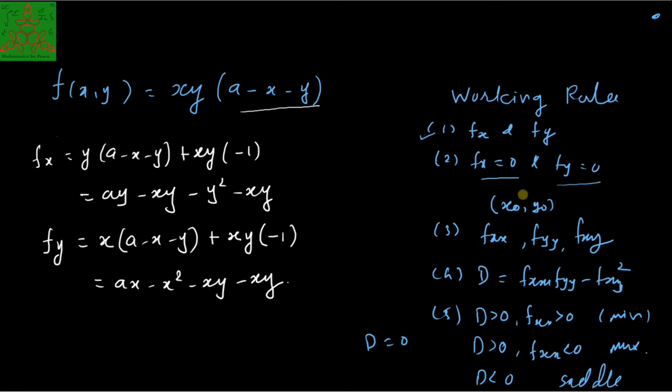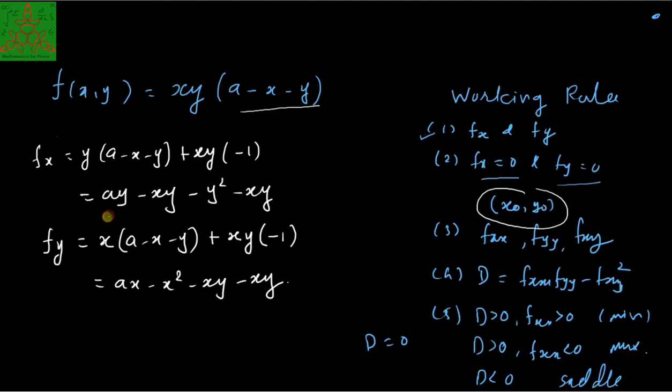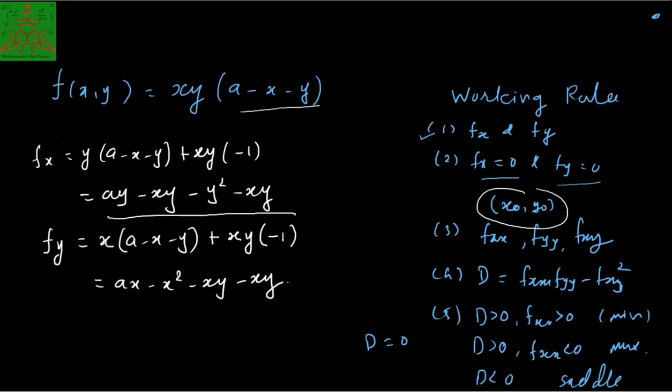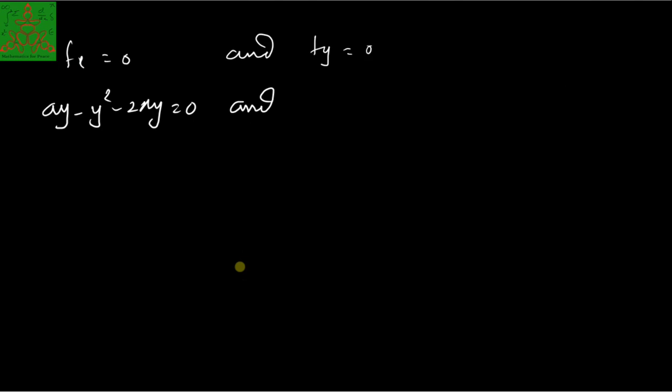Now the second step is calculating the stationary points (x0, y0). We set fx = 0 and fy = 0. We have already calculated fx, so ay - y² - 2xy = 0, and on the other side, ax - x² - 2xy = 0.